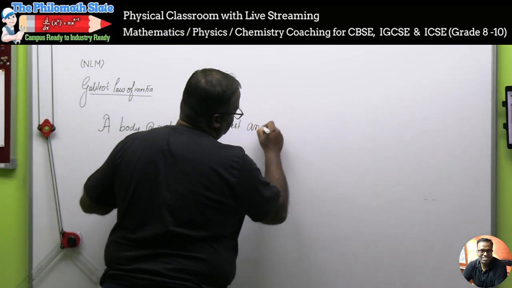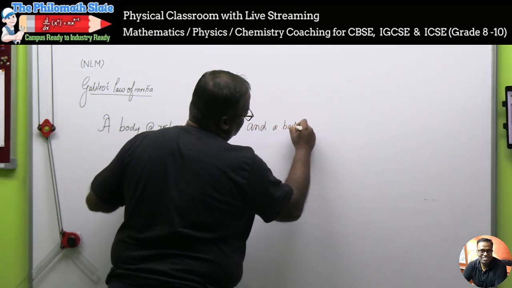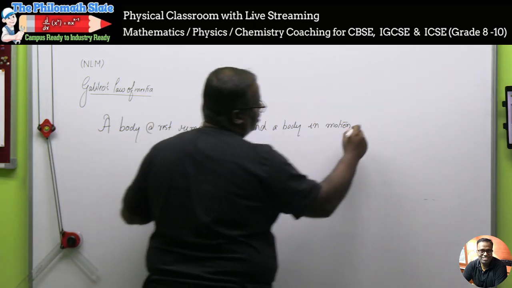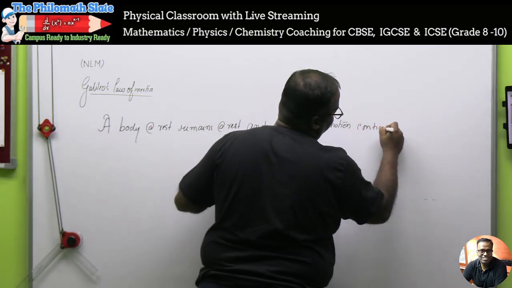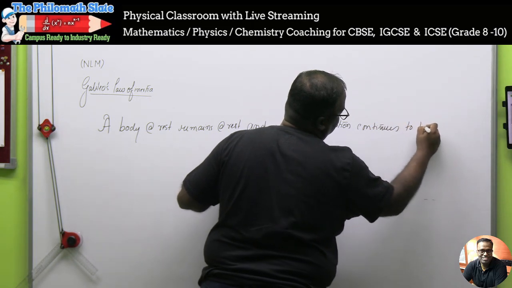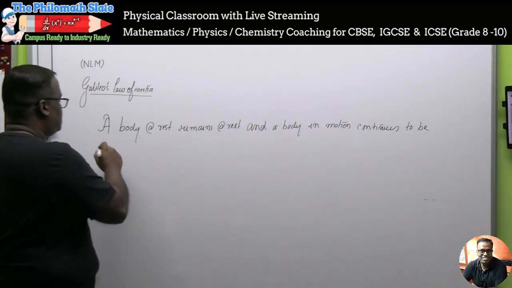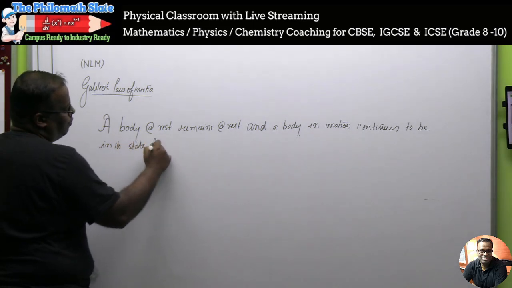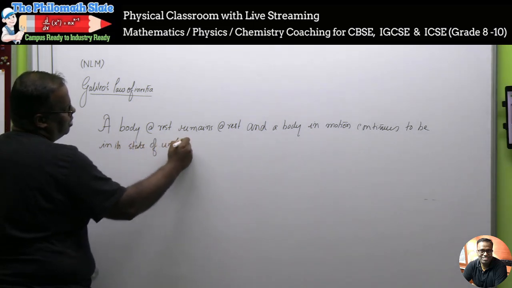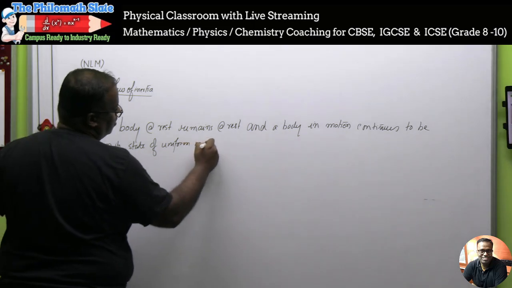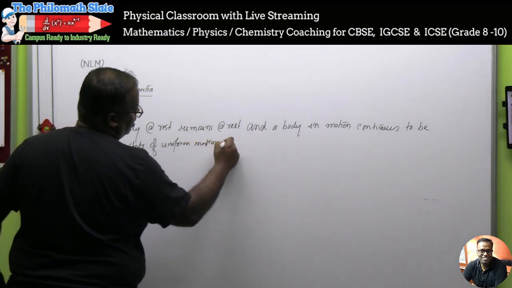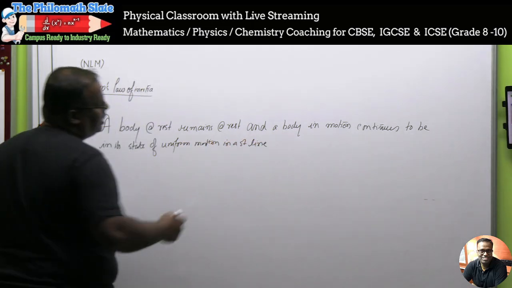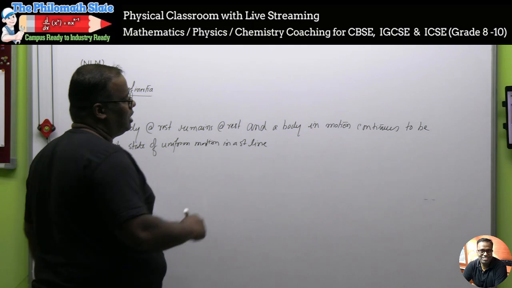And a body in motion continues to be in its state of uniform motion in a straight line. Actually, that's not quite right: uniform motion itself means motion in a straight line.